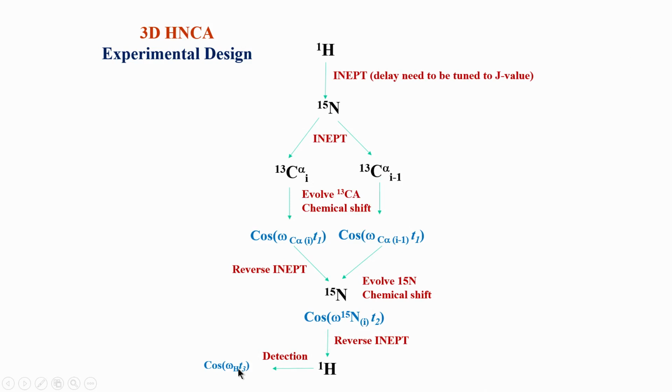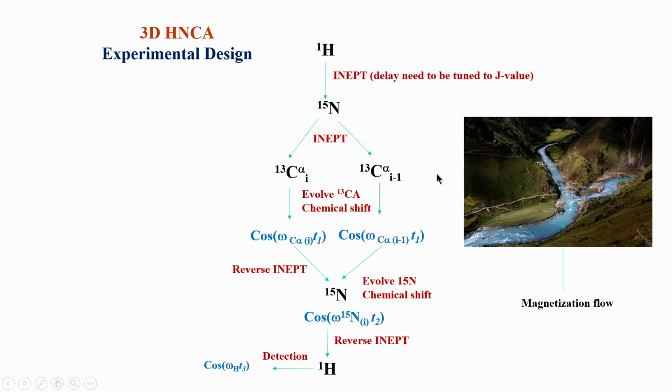I means amino acid I, any amino acid I. These two belong to the same amino acid, and you will get correlation to this and this, I mean not either, it is both. So, this pathway gives us one set of correlations, and this pathway gives us another set of correlations. This kind of channeling or splitting of magnetization into two paths can be visualized like a river.